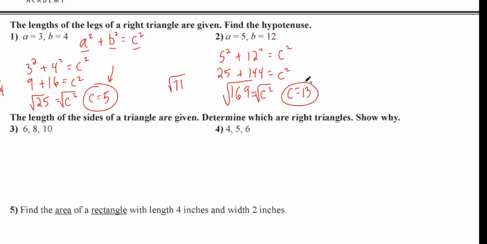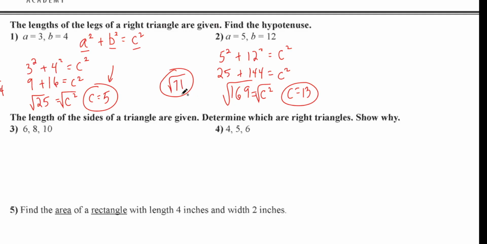All right, so what I was trying to say is that you might get something that looks like this. If I put the square root of 71 into a calculator, I'm going to get some decimal answer. It's not going to come out to a whole number, and that's fine. But don't put it into a calculator and give me a decimal. Just circle it and leave it like that. I just made up 71, okay?